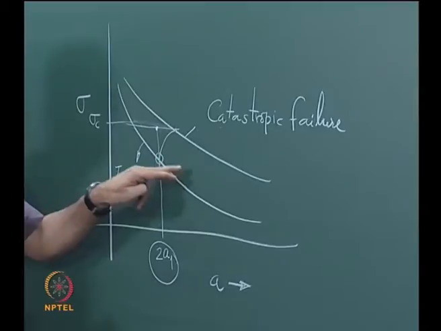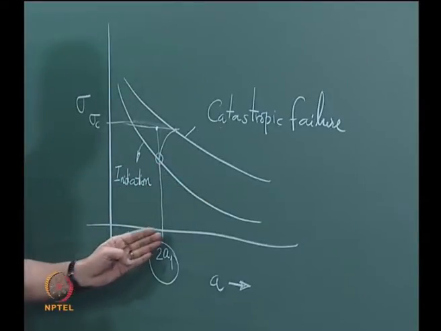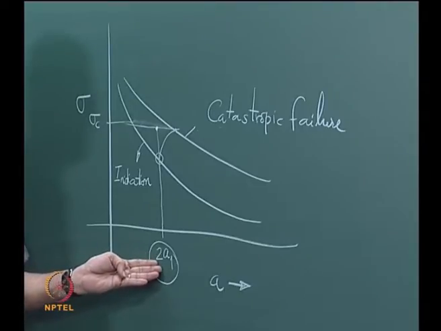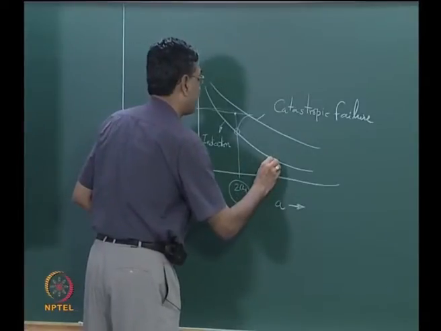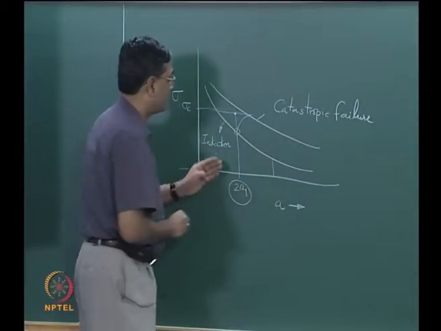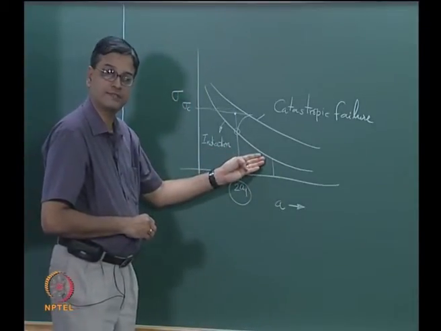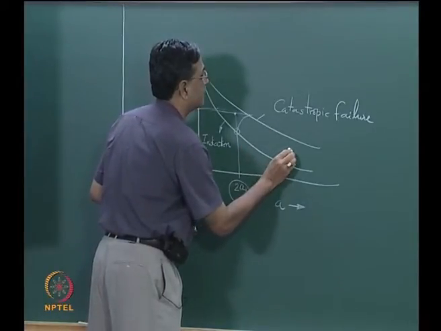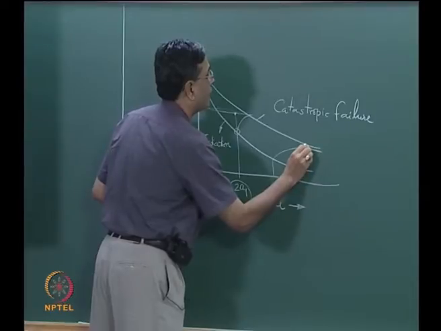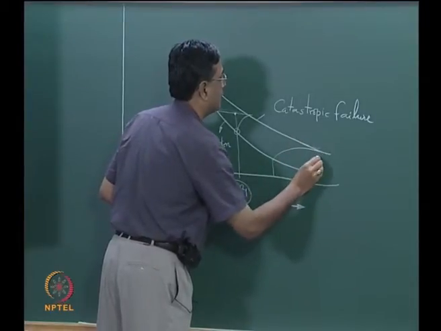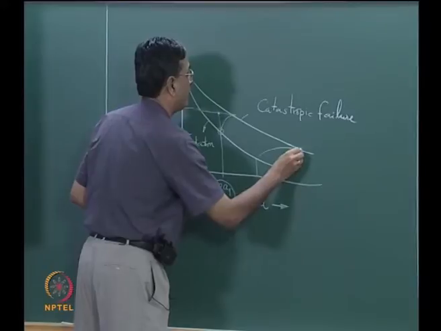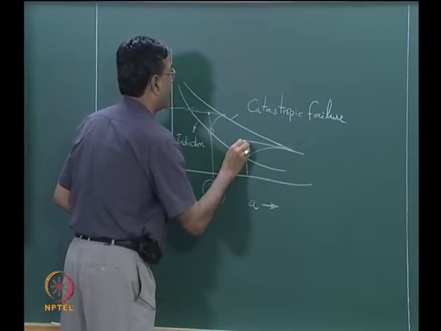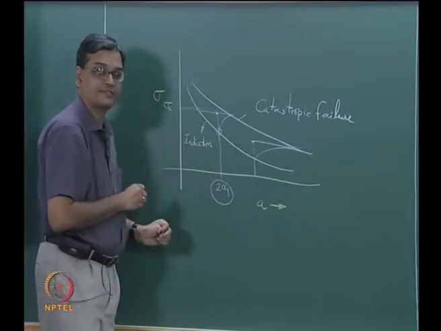Similarly, I can do it for all the points. For example, suppose I have a longer crack. To start with, I have a crack length of 2a1. Suppose I have a longer crack, crack initiation would occur at a smaller value of stress, and you will also find that this will go a longer distance, and you will find the fracture toughness stresses that way, and you will be able to find another point on your apparent toughness.